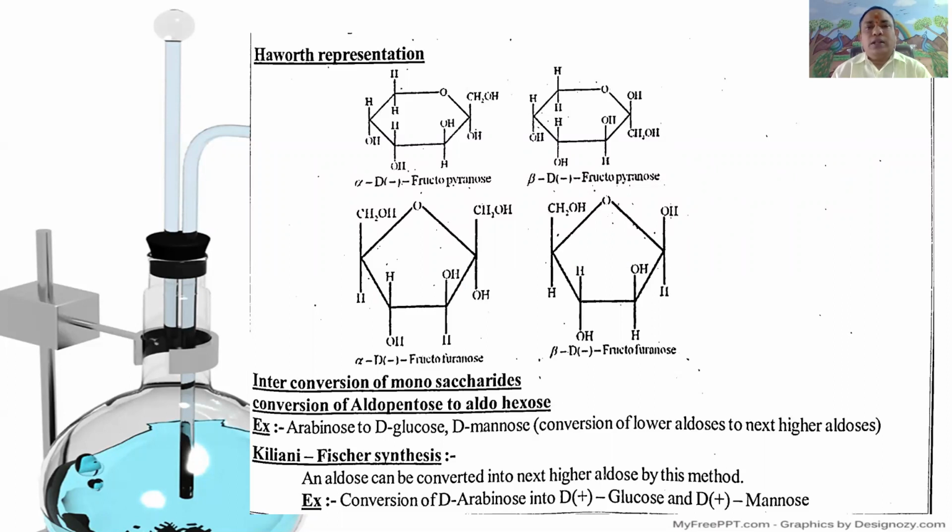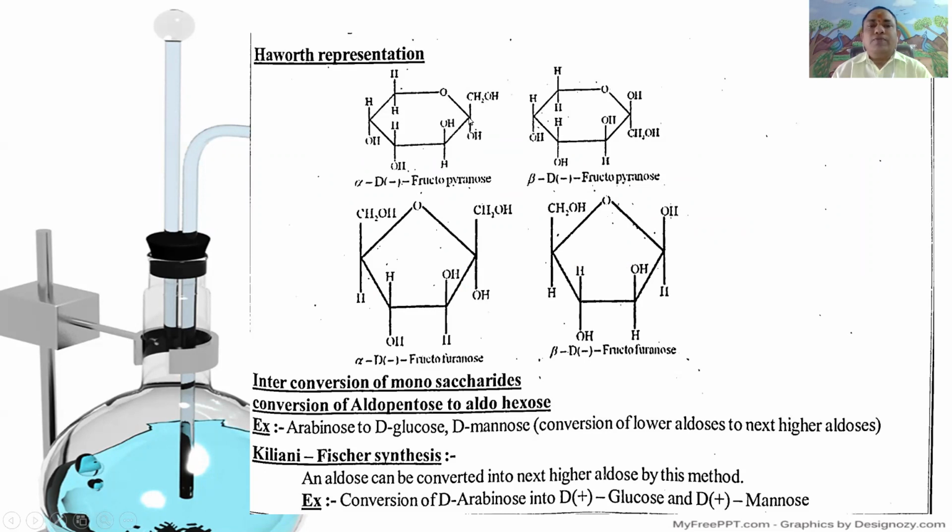In the Haworth representation, alpha-D-fructopyranose is CH2OH, C-OH, CHOH, CHOH, CHOH, CH2. Means in the fructose, the second carbon and sixth carbon are linked to an oxygen atom.